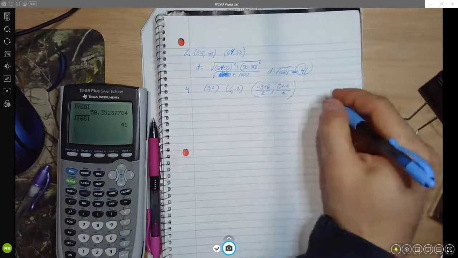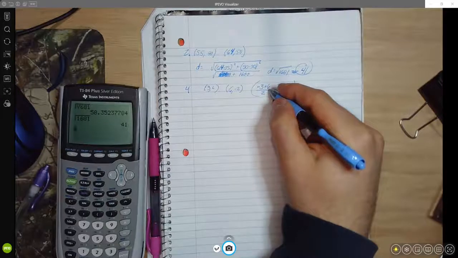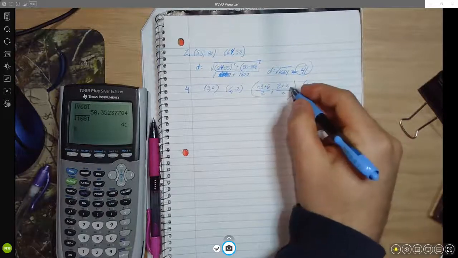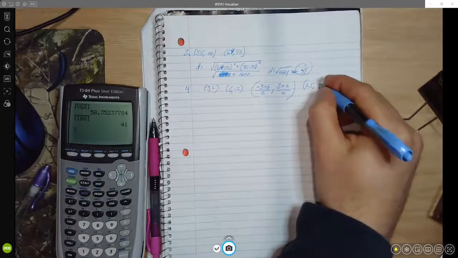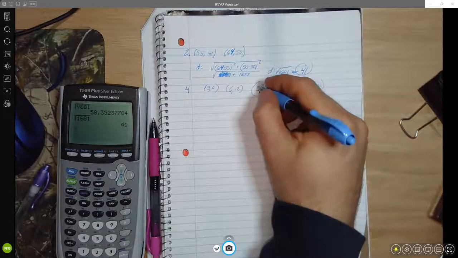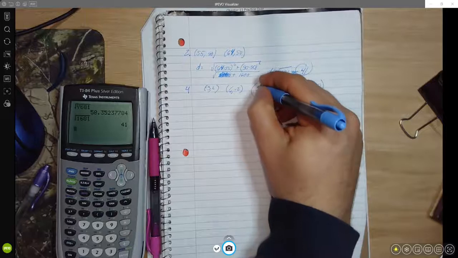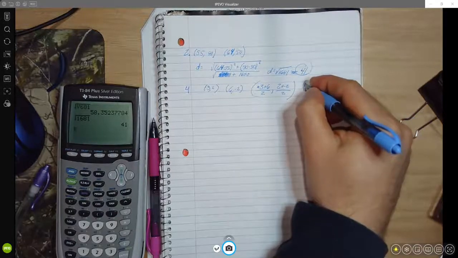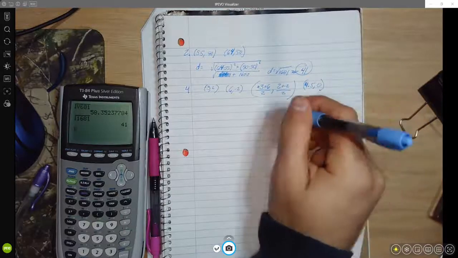Negative 3 plus 6 is 3, 3 over 2 is 1.5. 2 plus negative 2 is 0, 0 over 2 is 0. There's your midpoint. Oh, sorry, I misread it. It's positive 3, so that's 9. 9 divided by 2 is 4.5. Sorry about that.